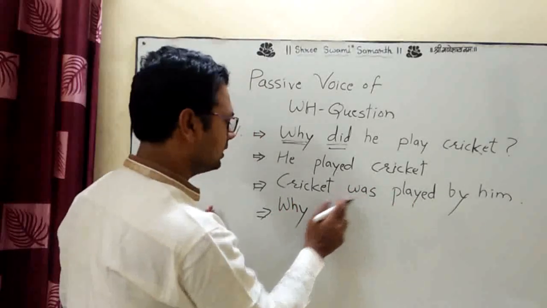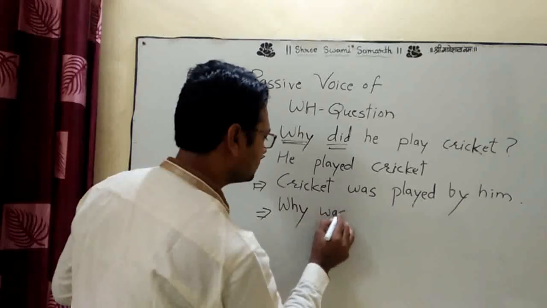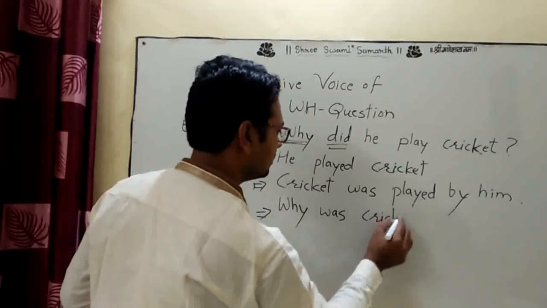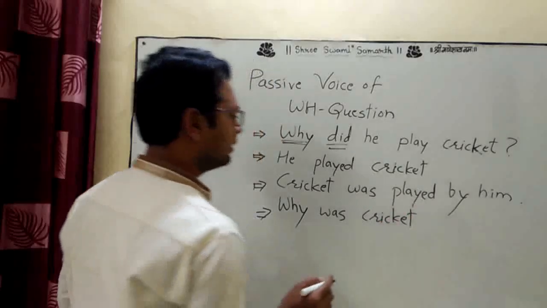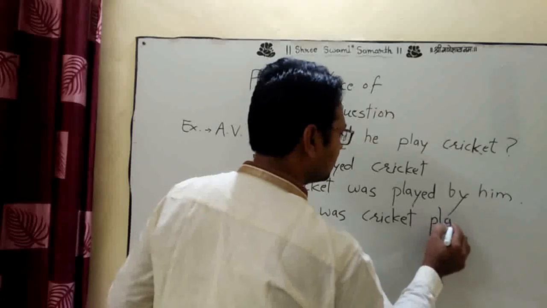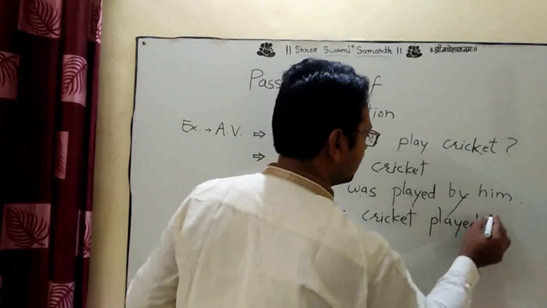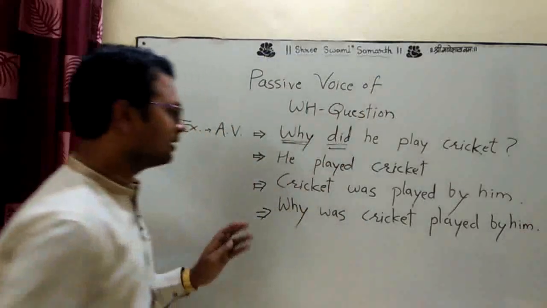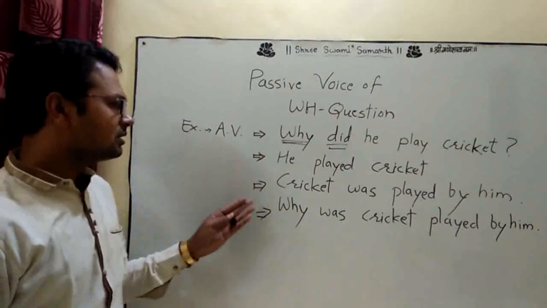No. Was is the helping verb. Just write down was, then the object, cricket. Why was cricket played by him? Okay, this is the simple method.